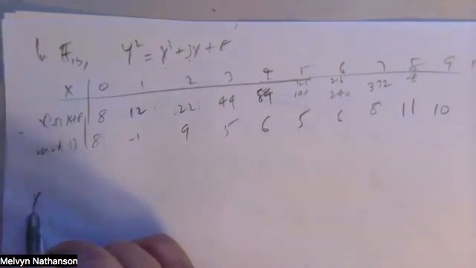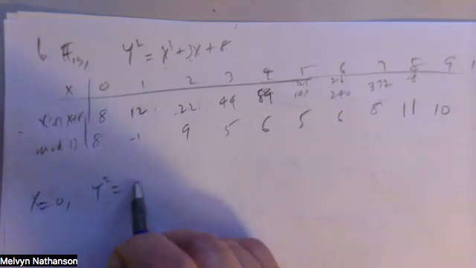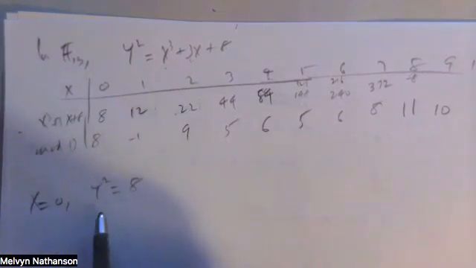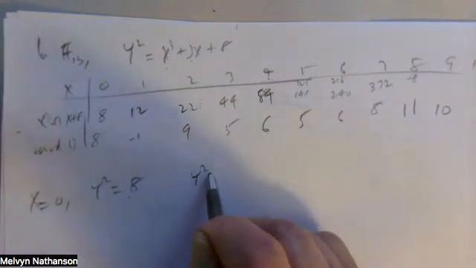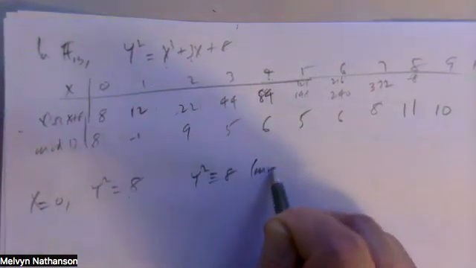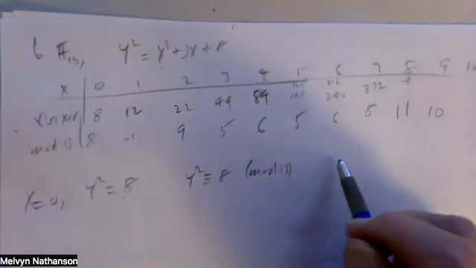So let's see. When x is 0, y squared has to be 8. So what is congruent to 8 mod 13? So y squared equals 8 is the same as y squared congruent to 8 mod 13. What are the squares mod 13?